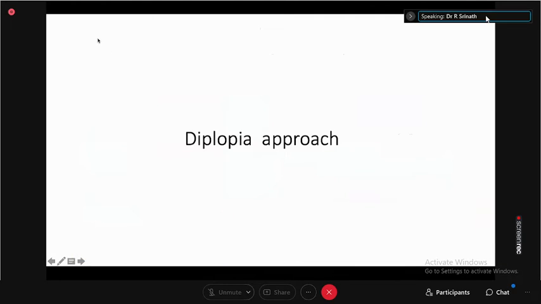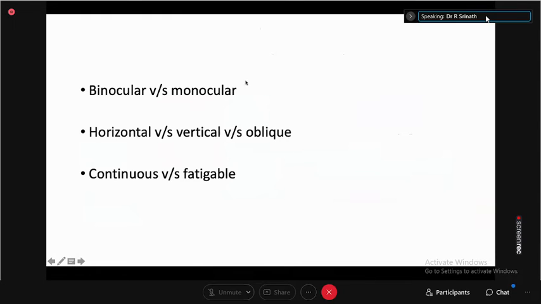Whenever somebody has double vision, diplopia, due to whatever reason, how do you approach it? You have to ask whether it is binocular or monocular. Usually one should remember that binocular diplopia is almost always neurological. Monocular diplopia, unless proven otherwise, is ophthalmological. Horizontal diplopia is usually due to medial rectus or lateral rectus palsy.